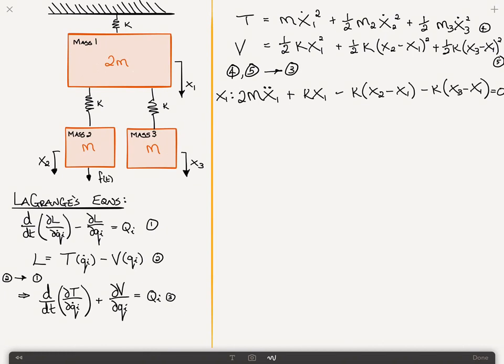That's your first equation of motion. We're going to call that number 6.